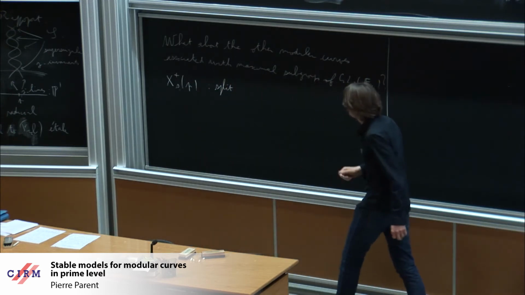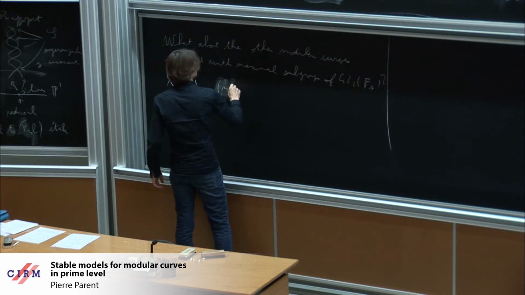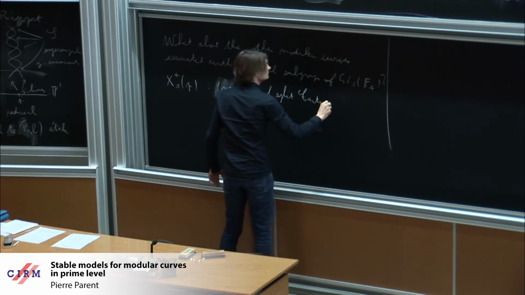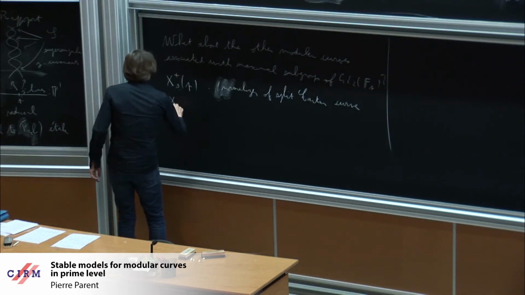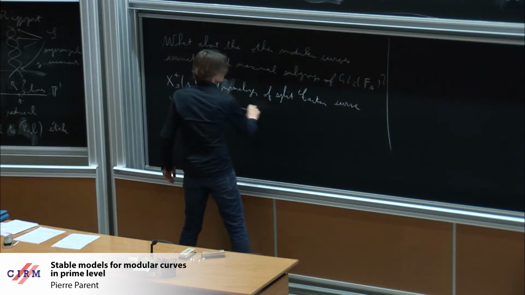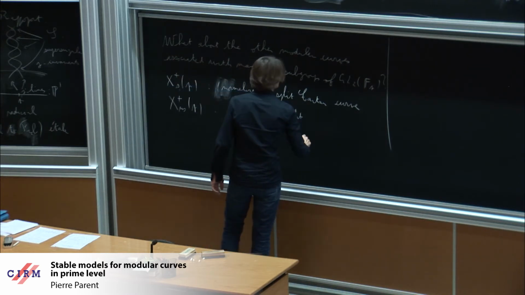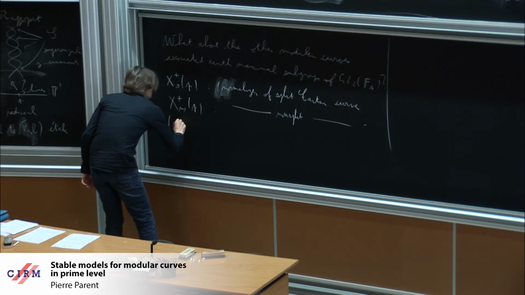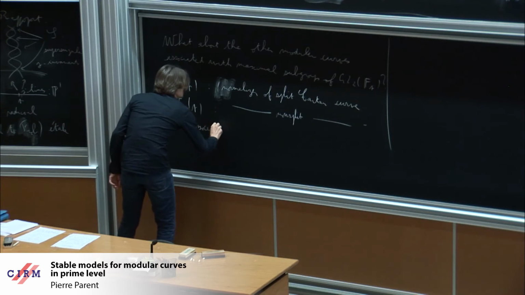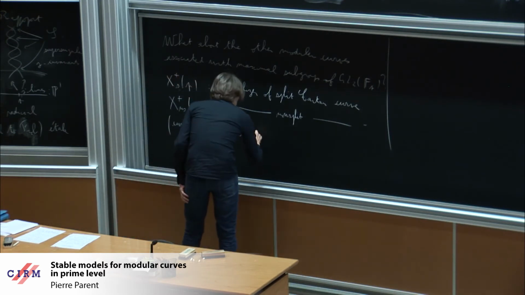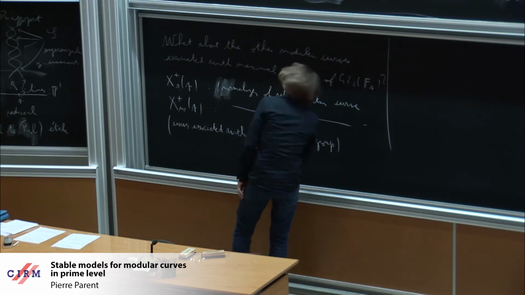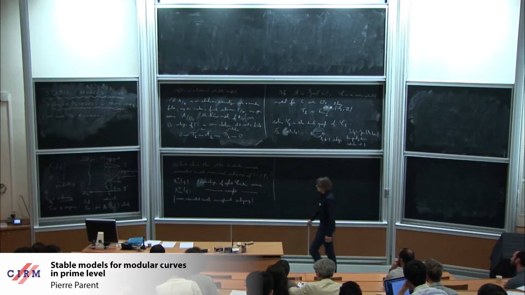So they are the X split plus P, the split Cartan normalizer curve, and the non-split curve, and exceptional curves, which are curves associated with exceptional subgroups which are of lesser arithmetic interest, so we will not discuss them, even if our methods can also apply to them.